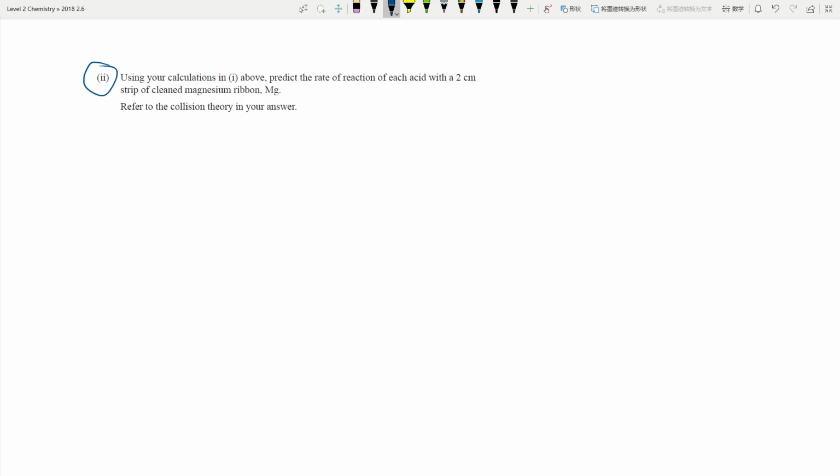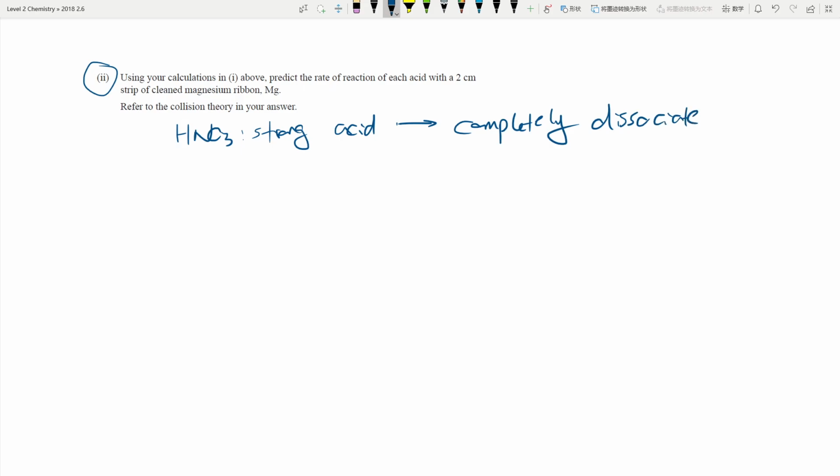Because they would both react, but if you have HNO3, which is a strong acid and completely dissociates, that means you have lots of H3O plus ions available at the beginning of the reaction.